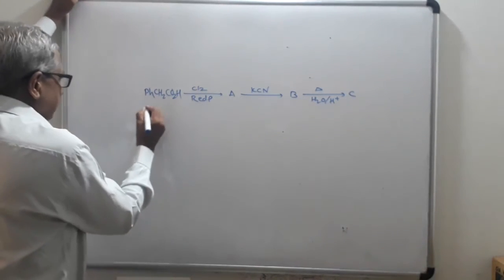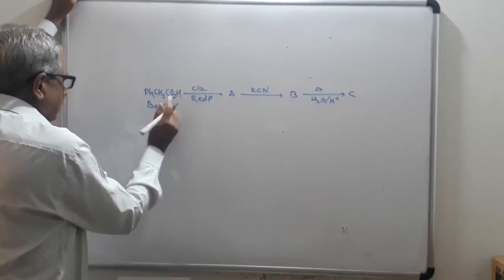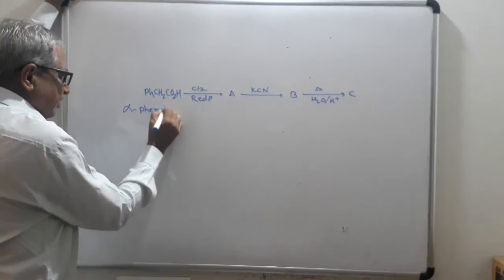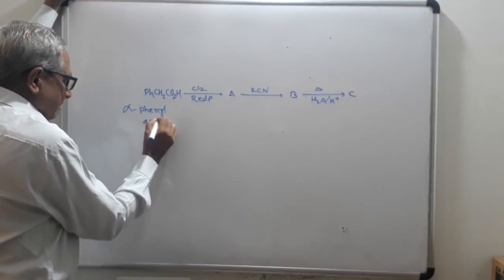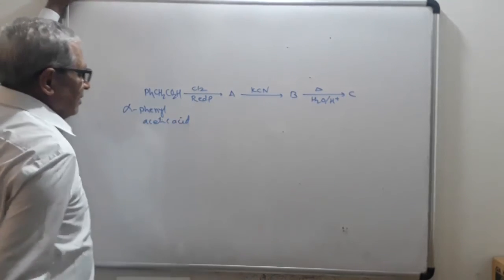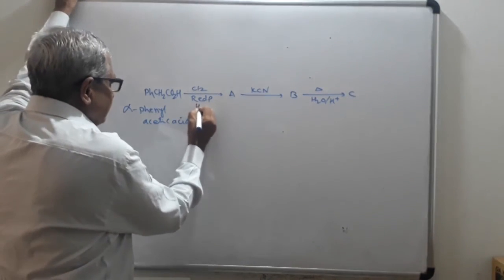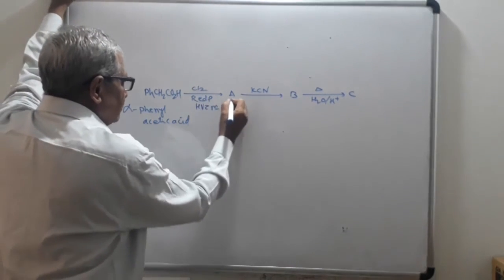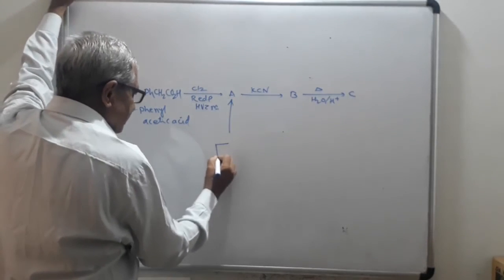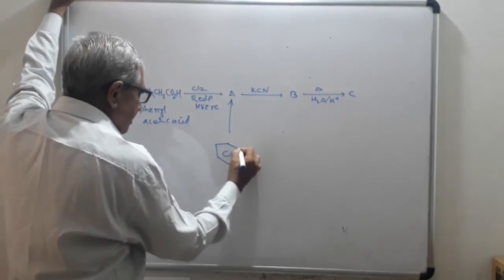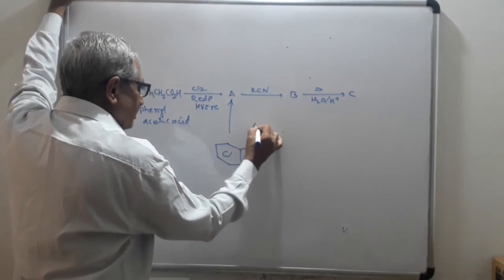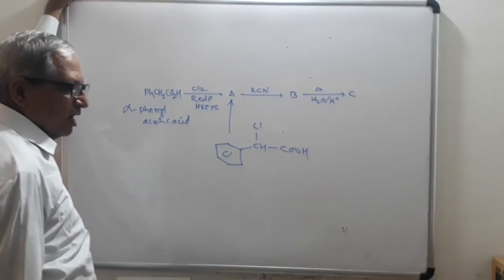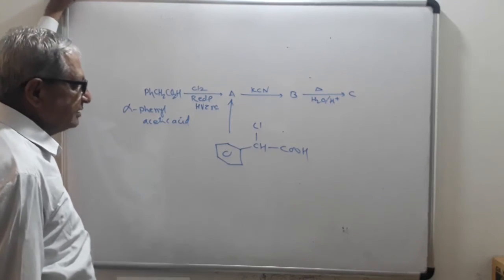See here, this is nothing but, not benzoic acid, alpha phenyl acetic acid. So this is the HVZ reaction, alpha halogenation. Only one halogen is given, therefore you will get the structure: benzene ring, CHCl COOH, alpha chloro alpha phenyl acetic acid.